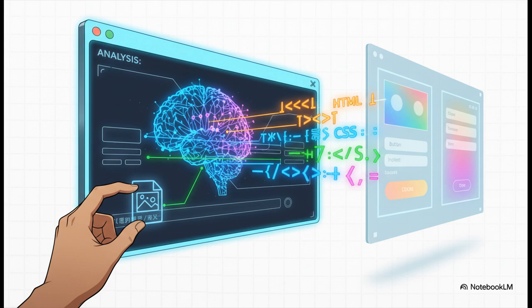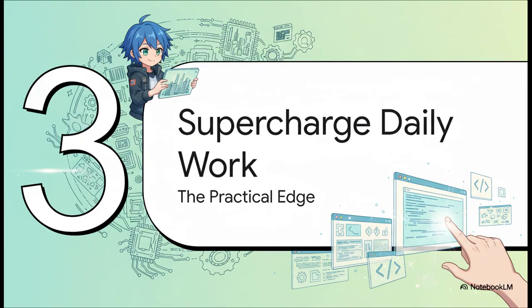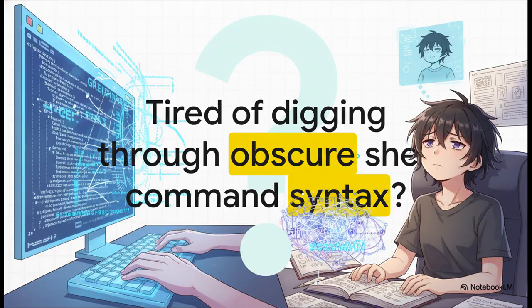That's just incredible. Okay, so building a 3D bridge from a text prompt is obviously super impressive. But what about the day-to-day stuff? The daily grind. Let's shift gears and see how this same smarts can give you a real practical edge in your everyday tasks. And I think we've all been there, right? How many times have you had to stop what you're doing and Google the exact syntax for some obscure Git command or a complicated shell script?